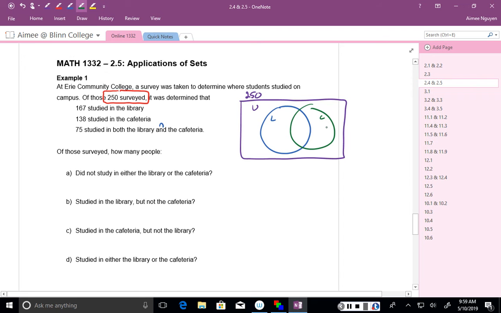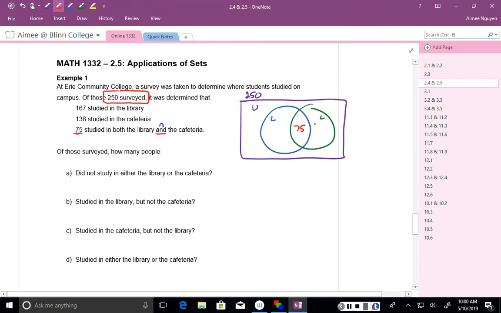Again, make sure to give yourself enough room to write inside the overlap of those circles, right? So just like with the 3 set Venn diagram, it's always easier to start in the middle. So I want the people that did both, that studied in the library and in the cafeteria. And so that's where we put these 75 because they studied in the library and they studied in the cafeteria. So those 75 people will go here.